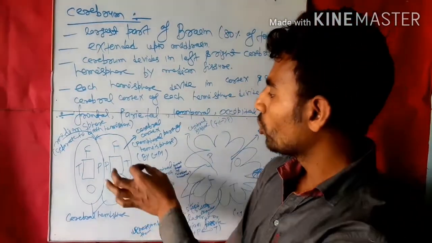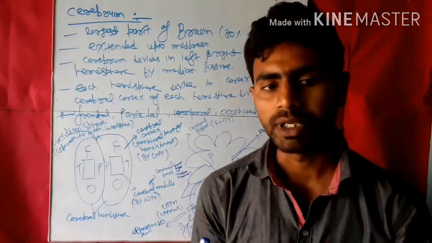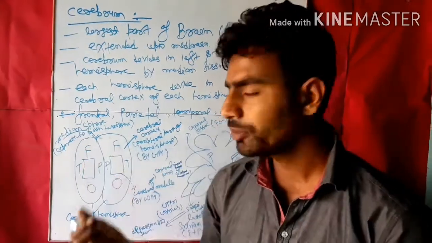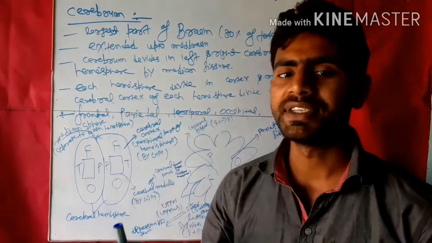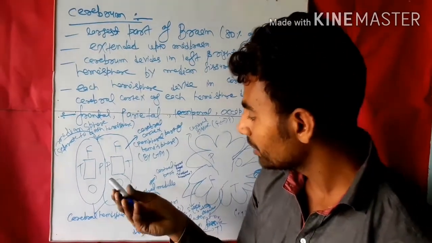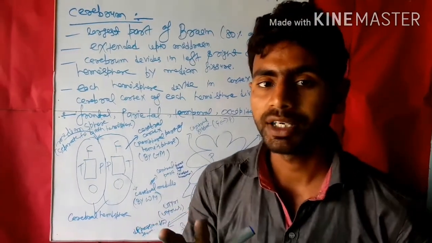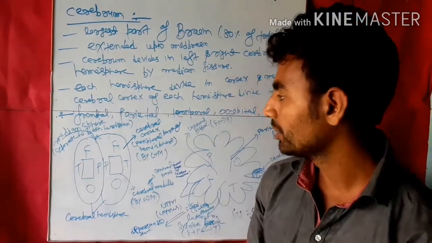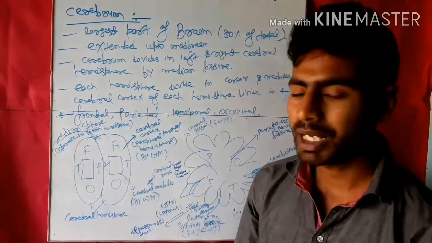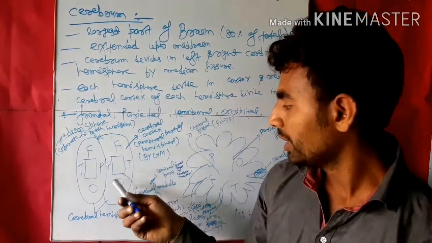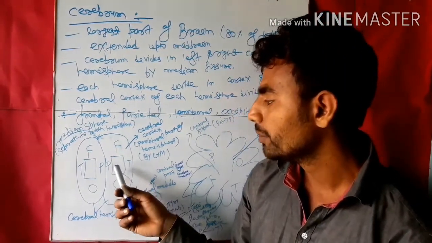The peripheral part of the hemisphere is the cerebral cortex, also called gray matter due to its grayish appearance. The central part, the inner part of the cerebral hemisphere, is the cerebral medulla.